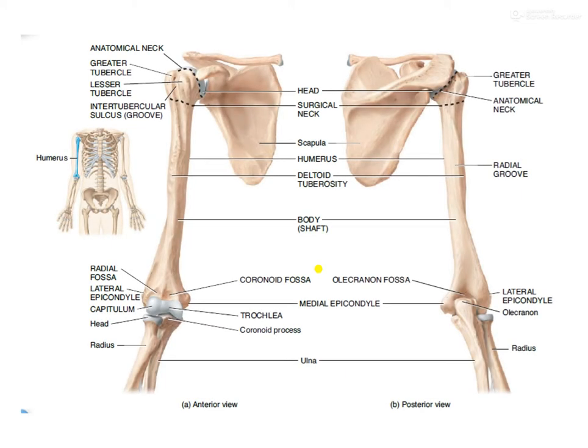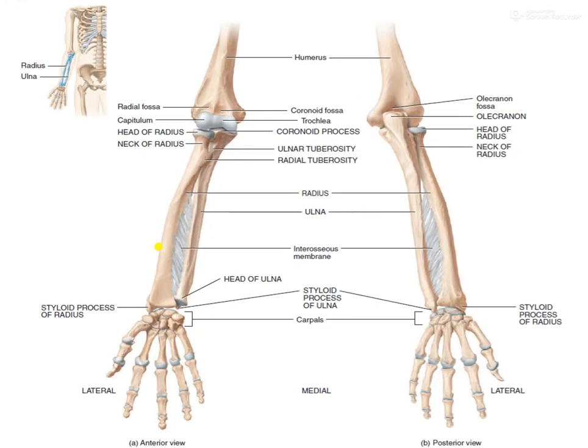Next one is the humerus. These are the humerus. Upper limb. These are the humerus. Next, these are the radius. These are the ulna.